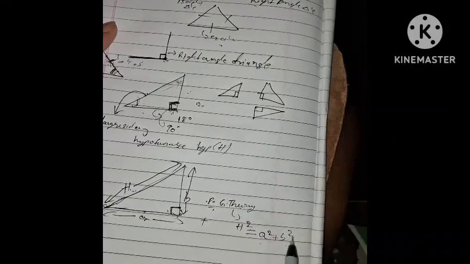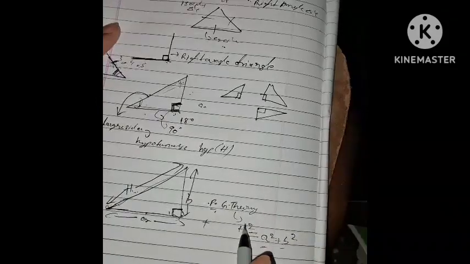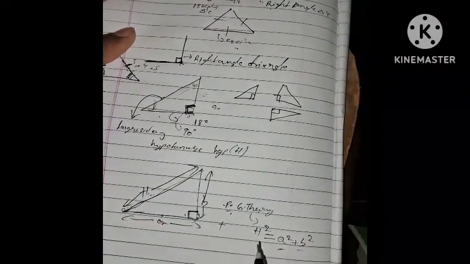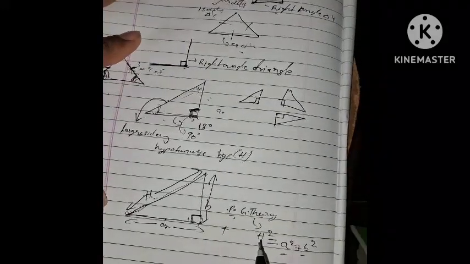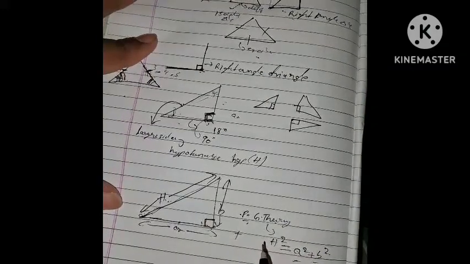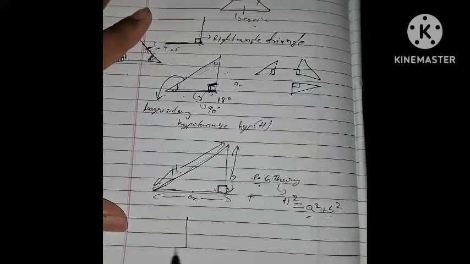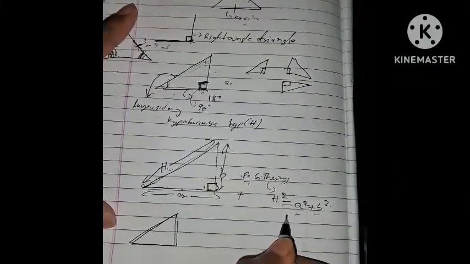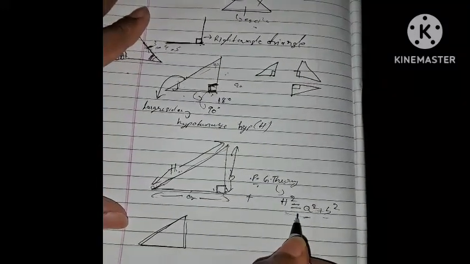What are the other two sides? A and B. Pythagoras theorem tells that in a right angle triangle, the hypotenuse square equals the sum of squares of the other two sides. Let's take an example. If a right angle triangle does not follow this, then the triangle will not be possible.